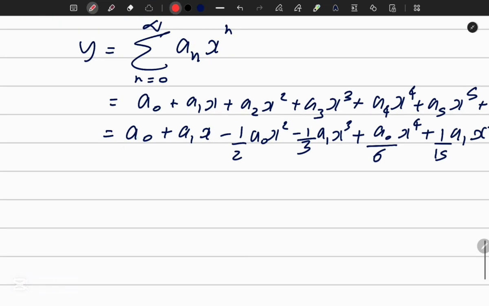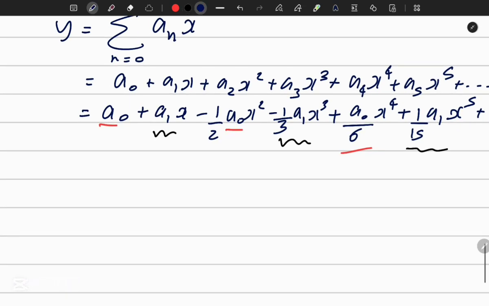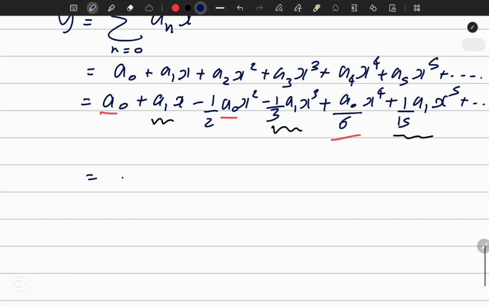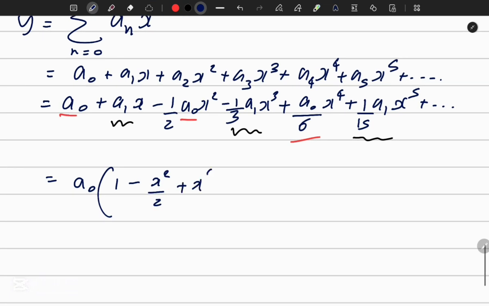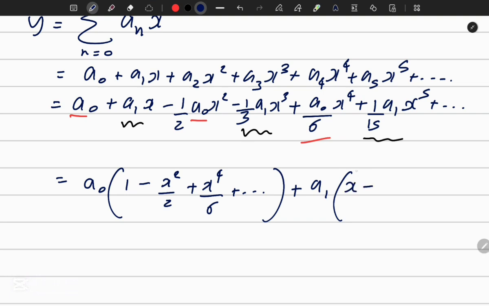So even terms have a naught and odd terms have a1. I can take a naught out: a naught times (1 minus x squared over 2 plus x^4 over 6 plus and so on) plus a1 times (x minus x cubed over 3 plus x^5 over 15 plus and so on).